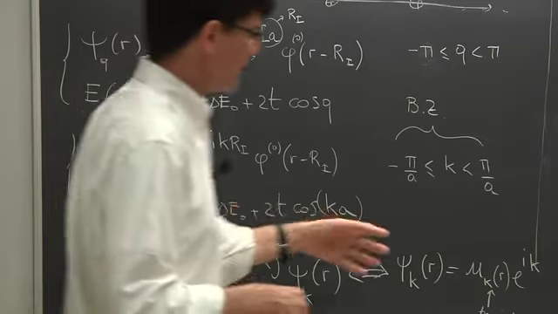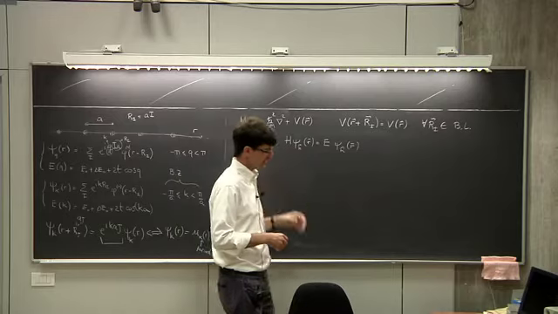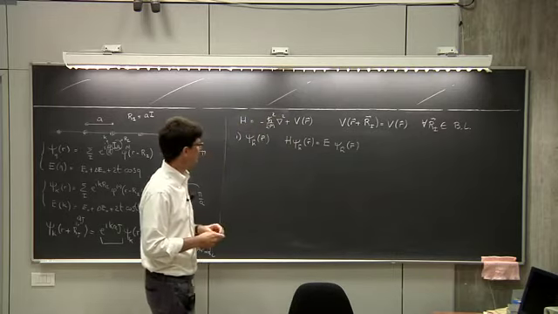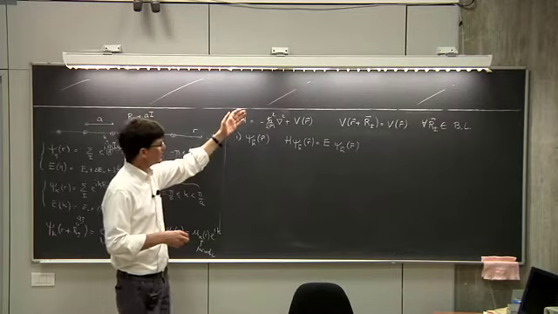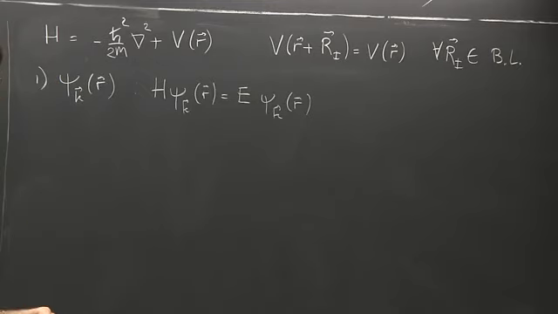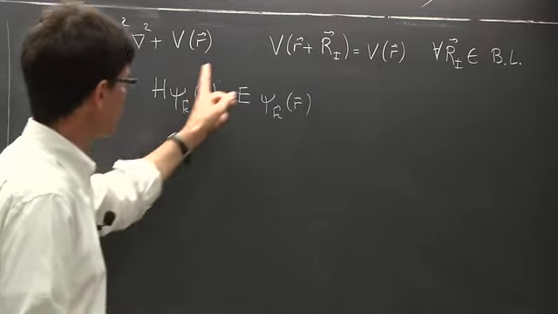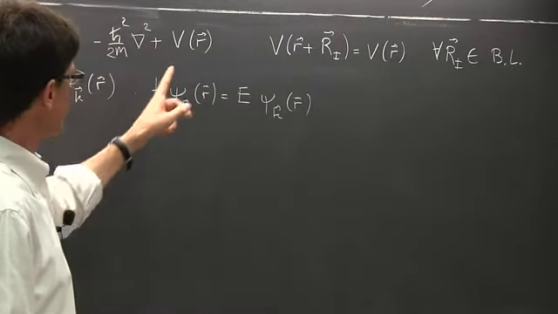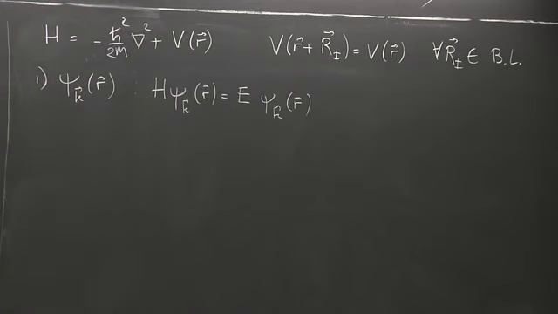So I'm going to generalize now these statements to 3 dimensions, and I will just state them, I will not prove them. If I have this periodic problem, solutions of this problem with H periodic can be classified according to a quantum number k.